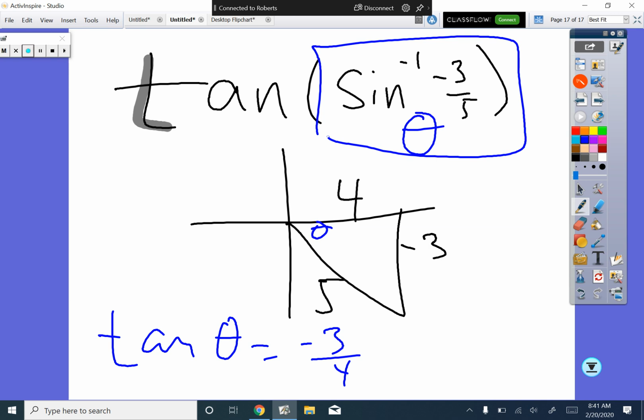Then I'm taking a tangent of that angle, which I don't know, but because of the triangle, I do know ratios of that triangle. Okay. All right, ready for a harder one? Do we have it vice versa? Oh, yeah. Okay. So let's do it this way. Can anybody tell me this idea?